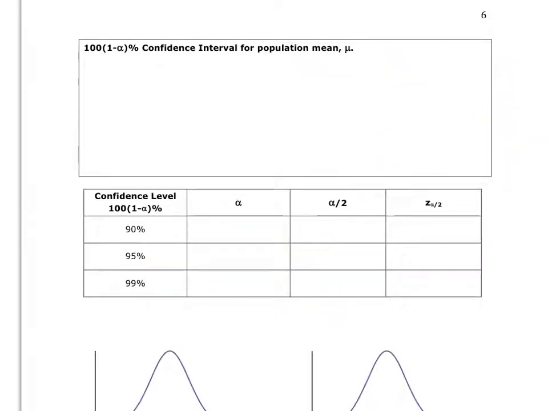The generic formula for a confidence interval for any confidence level is given to us by, we take x bar, the sample mean, and we're going to add and subtract to that to get the upper and lower bounds. Now instead of putting in that 1.96 that goes with the 95% confidence level, we put in the appropriate Z value, which is the Z value that has area of alpha over 2 to the right.